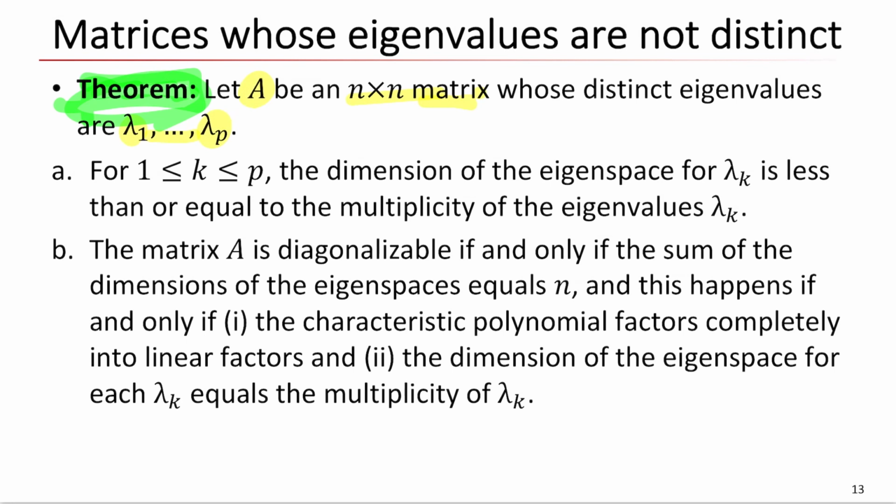In this case, p is smaller than or equal to n, and we can derive several properties. First of all, if k is between 1 and p, the dimension of the eigenspace for lambda k is less than or equal to the multiplicity of the eigenvalue lambda k. So what's the meaning of this?